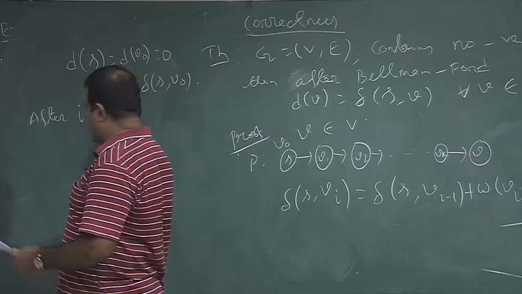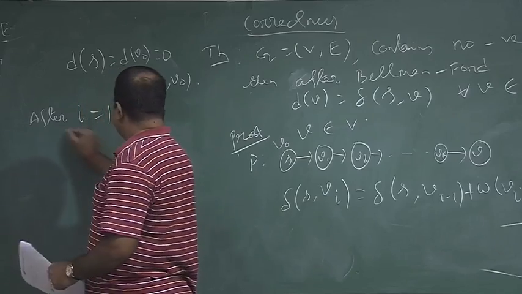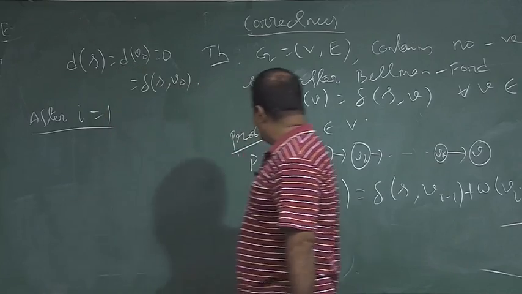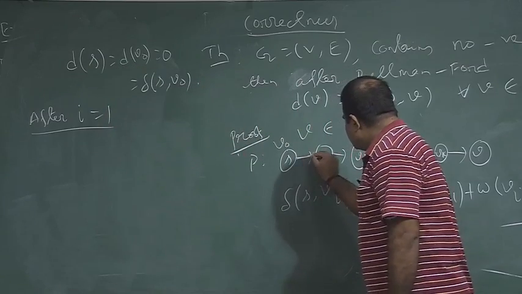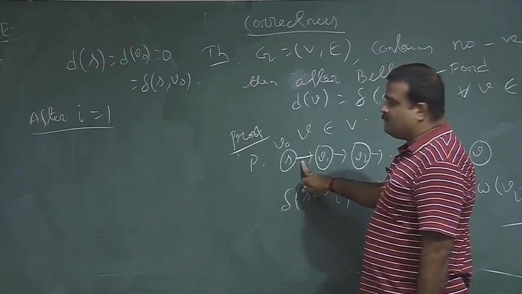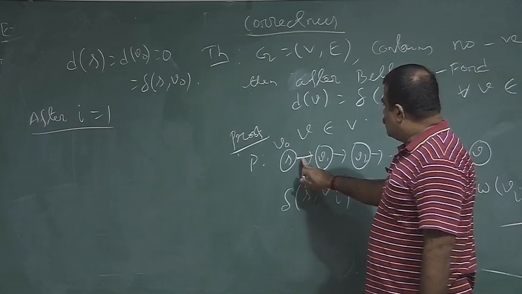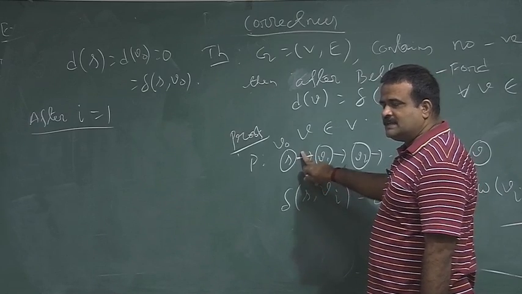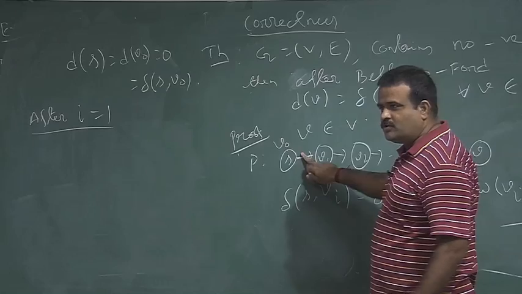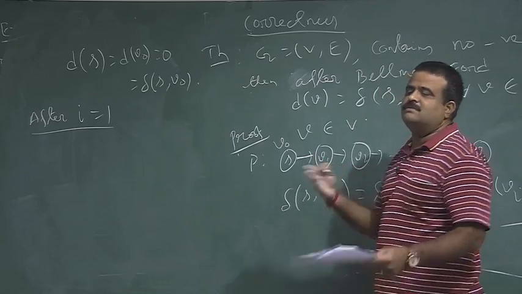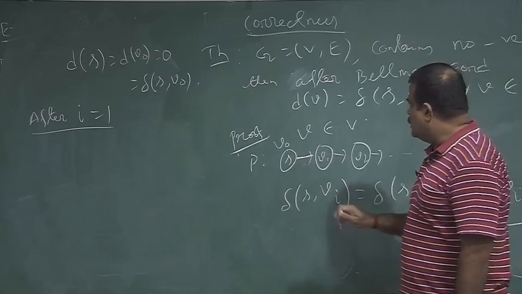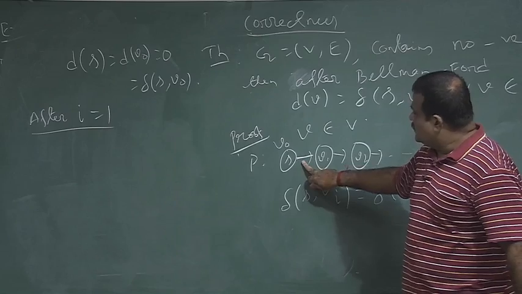Now after the first pass, after i is equal to 1, this means after the first pass of the outer loop, this is an edge in the graph. So at some point, if this edge number is 1, then we are lucky, it will change immediately, but it need not be edge number 1.